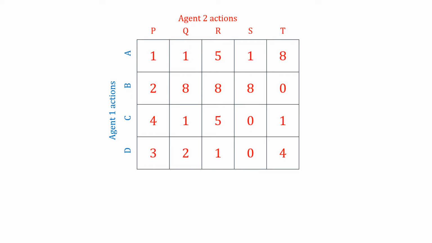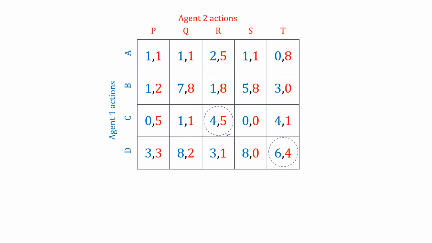This is agent 2's viewpoint. So if agent 1, let's suppose, were to play C, then agent 2 would be looking at these payoffs, and it would pick R because R gives agent 2 the highest payoff.